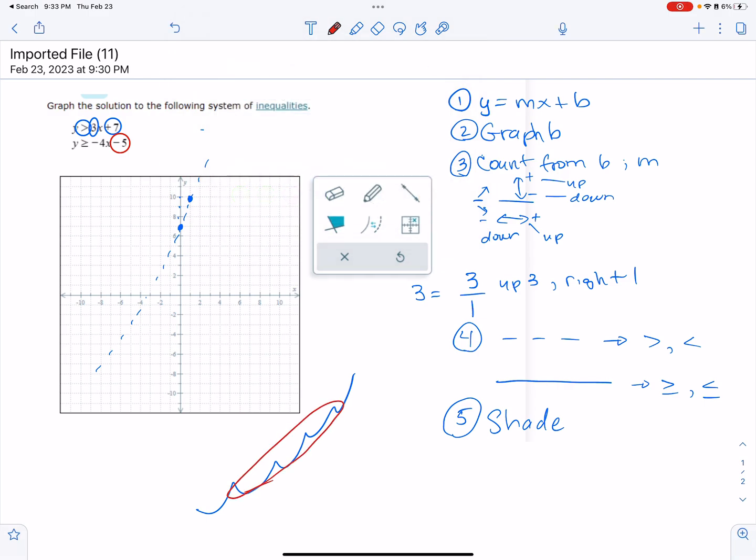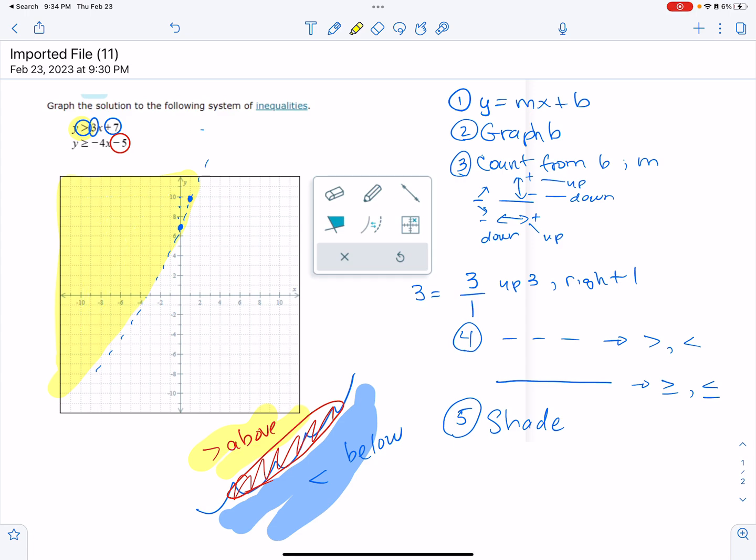Then the water is below you and the sunshine is above you. A less than sign is always below, and a greater than sign is always above. So I'm looking for greater than, so I'm going to symbolize it as yellow because I'm looking for above. So I just shade in all of this area.